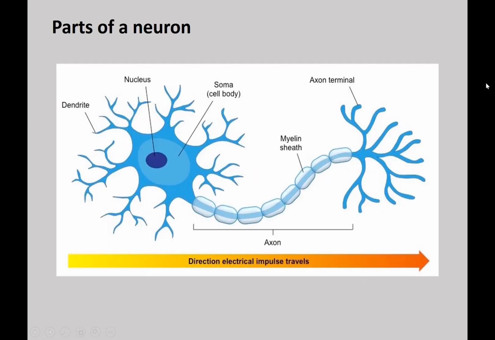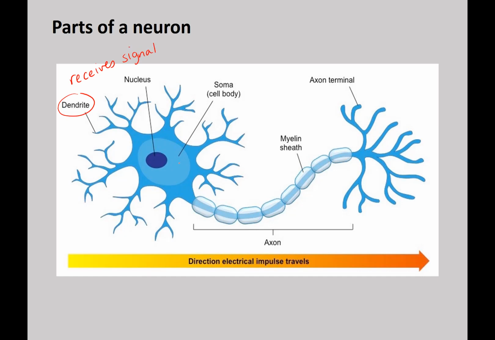All right, so parts of a neuron. A neuron is a eukaryotic cell, and its function is to send and receive messages. It is a special type of cell that can transmit an electrical impulse along its membrane. In general, we talk about the dendrite, which is the part of the neuron that receives the signal.